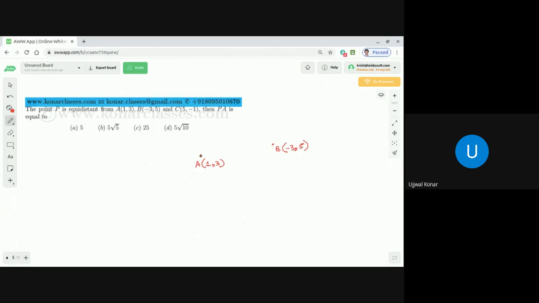So this is AB, line segment AB. Suppose this is the point C, and its coordinate is (5, -1).